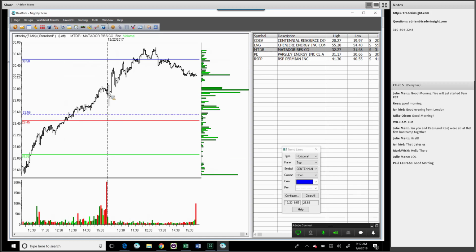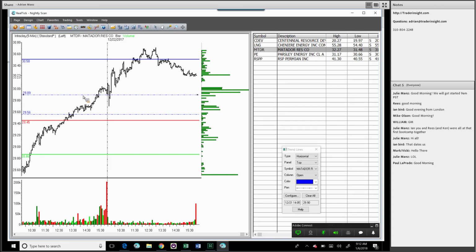Look here on MTDR, it opens. You don't want to get clipped on this because you set a stop at $29.89. You want to give this enough room so that it's going to move back into the range that you established going into the prior close, and that gives you enough momentum that you're able to stay with the trade as it starts ticking up.